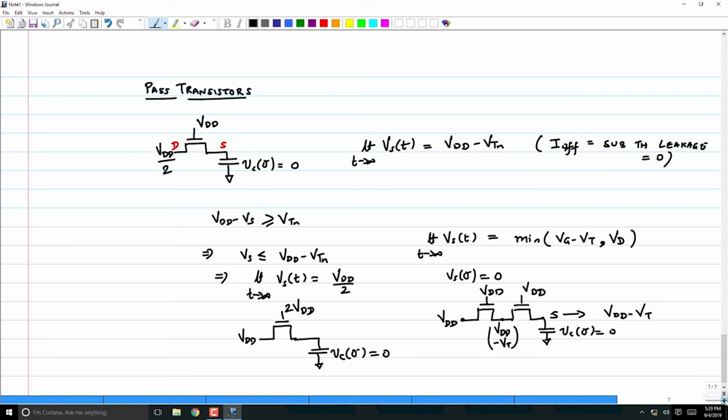Okay? Similarly, what happens if I have a PMOS transistor like this? Where I am going to do the following. I have Vc of 0 minus equal to VDD. Okay?